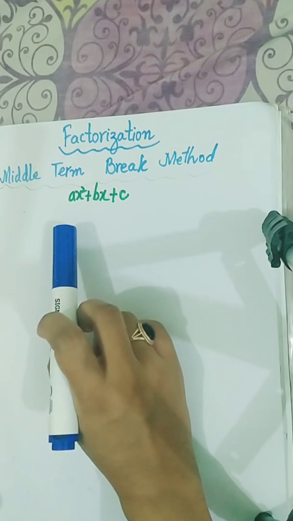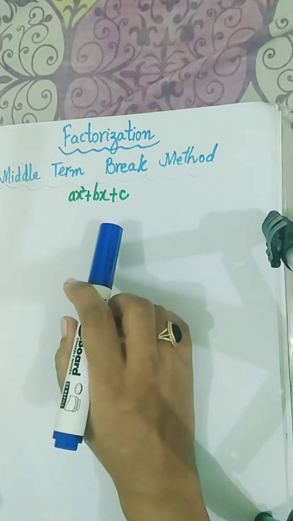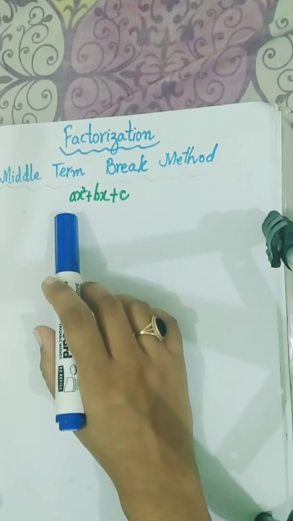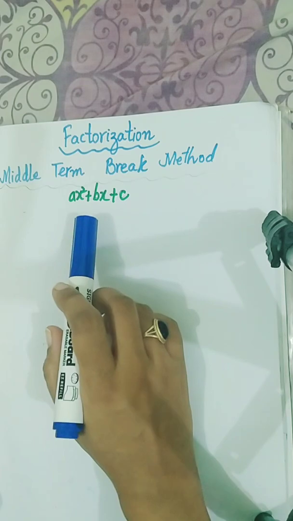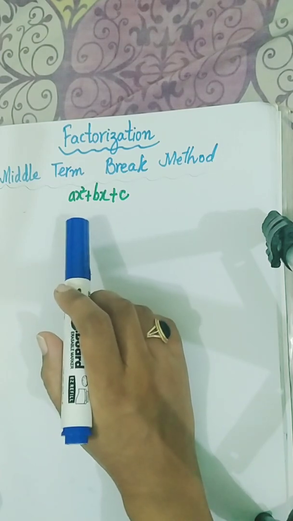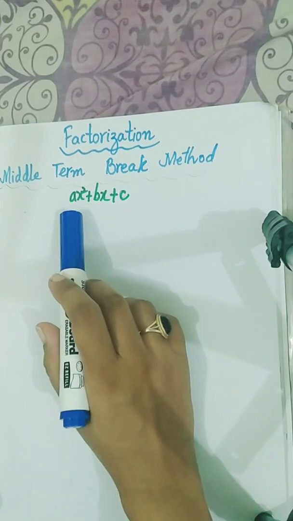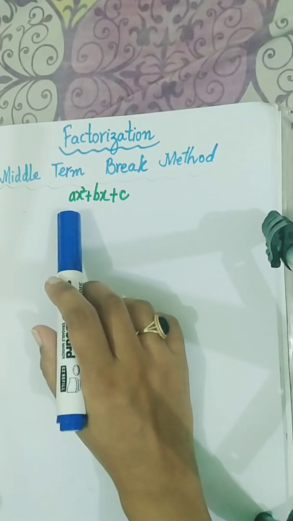Because in the last class our trinomial had a coefficient of x square equal to 1. Today we are going to discuss how to factorize a trinomial whose coefficient of x square is other than 1. It can be any number but not 1.